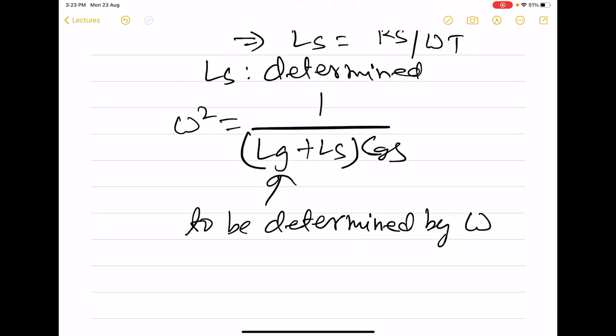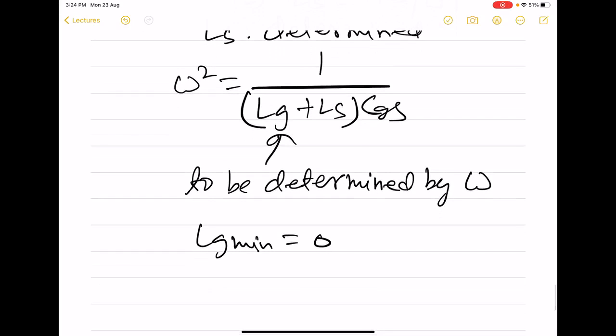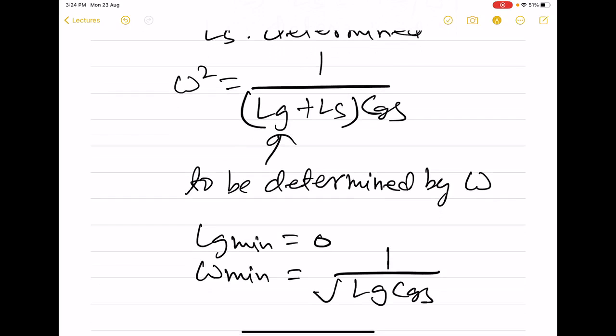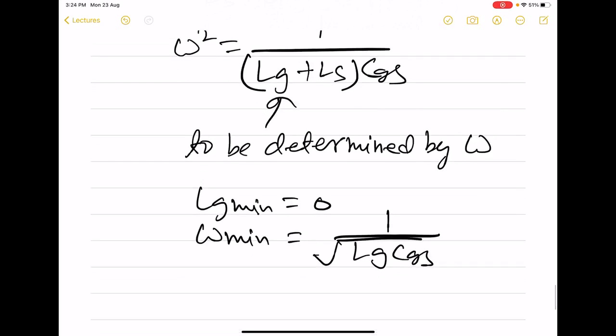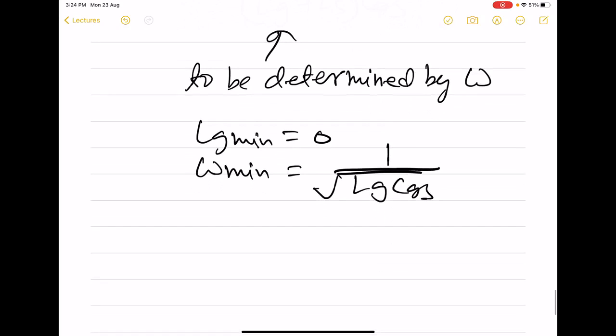However, this hasn't solved the problem completely, in the sense that the minimum value of L_G is 0. That means there is a limiting frequency that can be achieved, equal to 1 over the square root of L_S C_GS. So if we want to have an operating frequency above this one, that cannot be done using the modified LNA architecture we just saw.